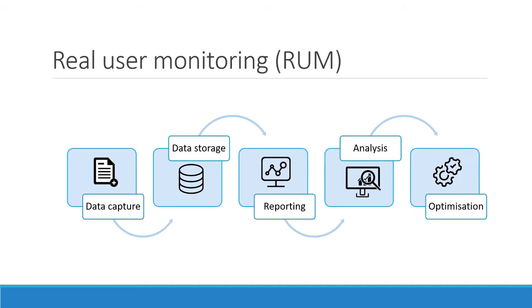You can use visualization libraries or third-party tools like Google Analytics or Elastic to do this reporting and analyze the data. And then at the end, if you manage to convince the business, there comes the optimization stage, where you go back, optimize, and then start again. Data capture, data storage, reporting, analysis, and optimization all over again after every release or when you find problems.